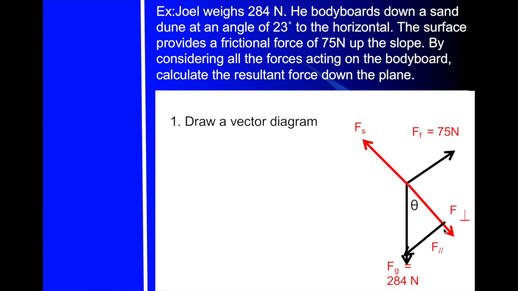So we have our two components that we're trying to resolve. Now we push out these lines because then we can use trigonometry to solve for various things. We know that this line is parallel with the perpendicular vector, and the parallel vector is parallel with this line right here.